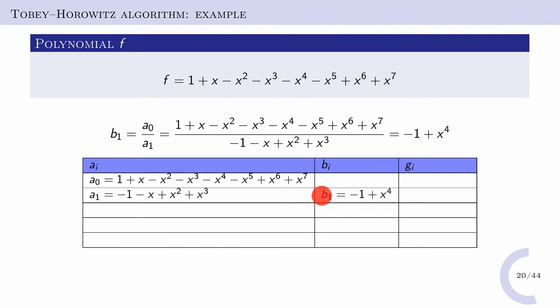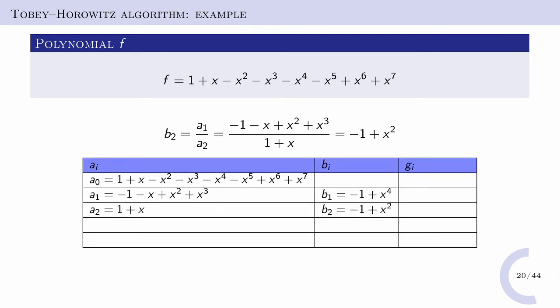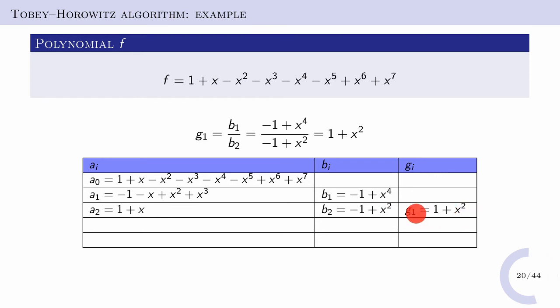So this is b1. And we repeat the step. We compute a2, which is this, and we compute the quotient of these two, so this is b2. Now we have b1 and b2, so it's very easy to compute g1. It can be done even by heart. This is x squared minus 1, x to the fourth minus 1, so it's x squared plus 1, so g1 is 1 plus x squared.